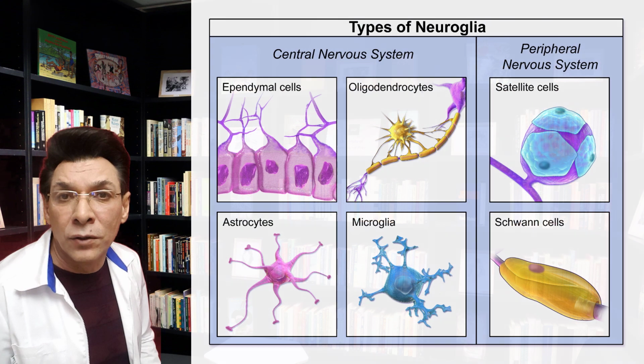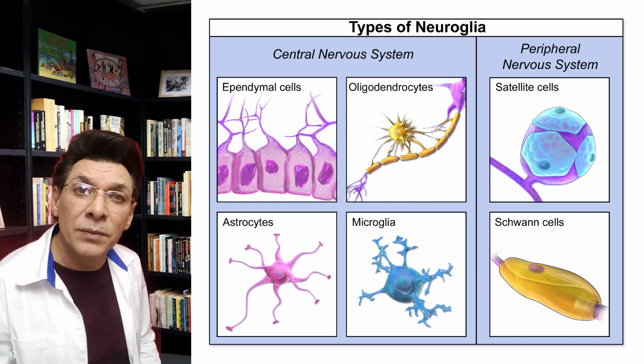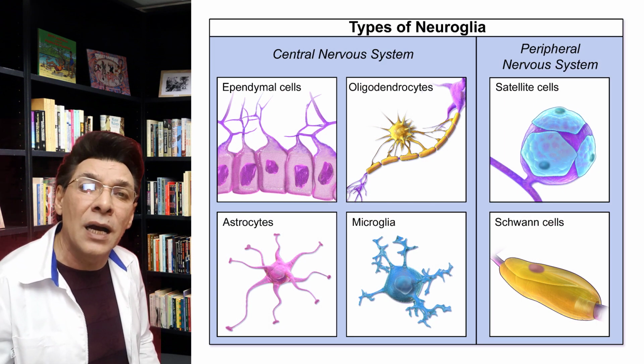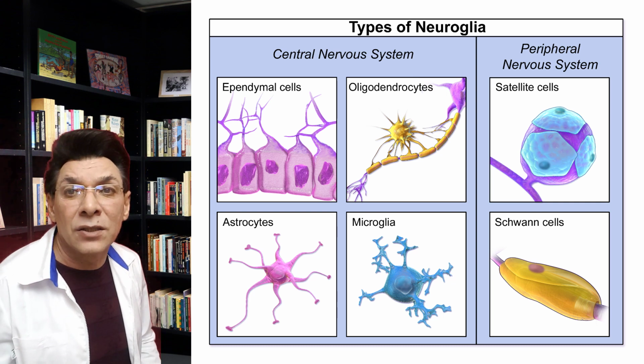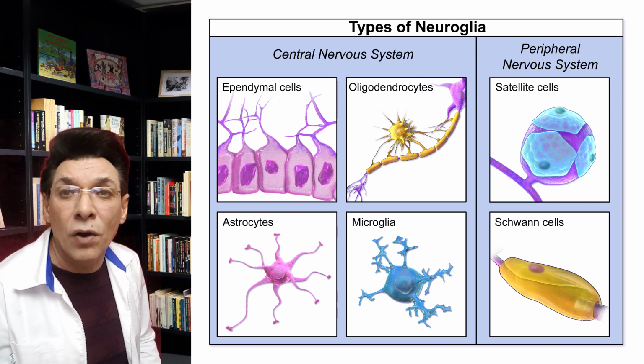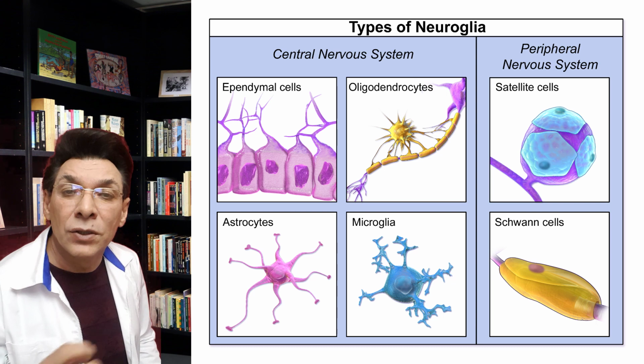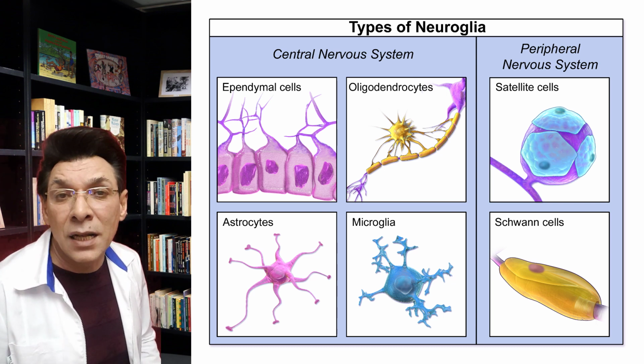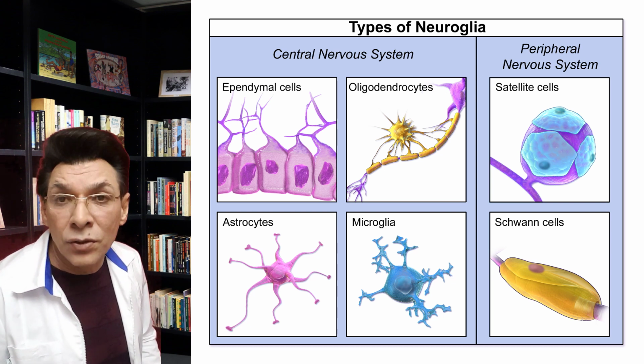There are different types of cells in the nervous system. Neuroglia, or nerve glue. They are connective. Neuroglia are connective cells that hold the structure of the nervous system together. These cells nurture the neurons.